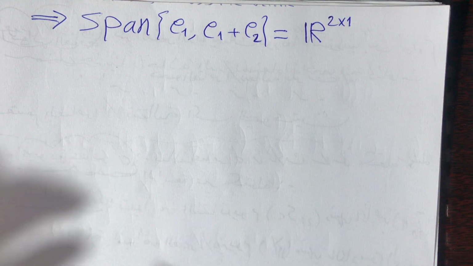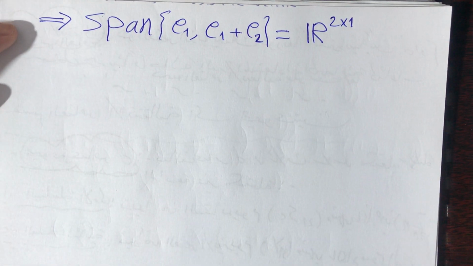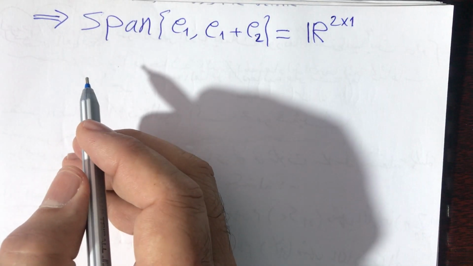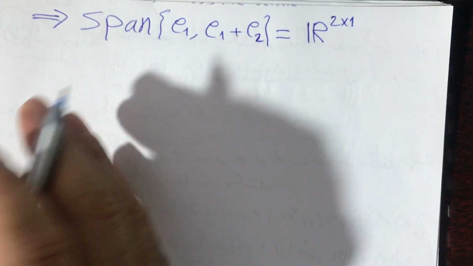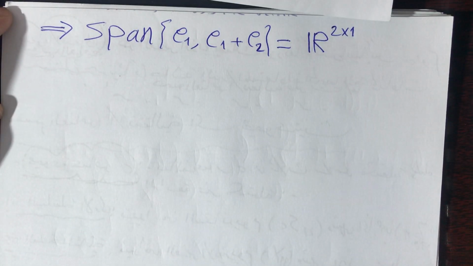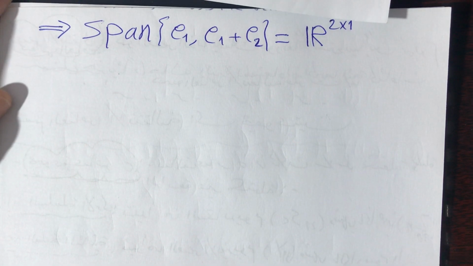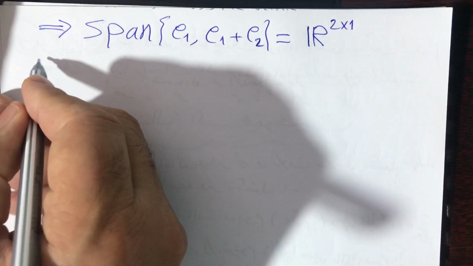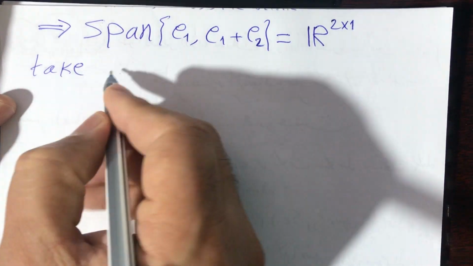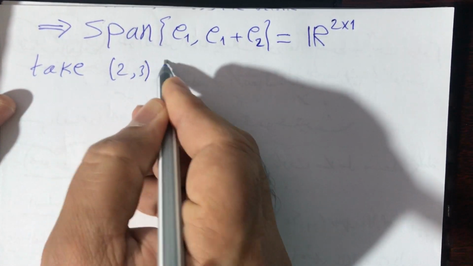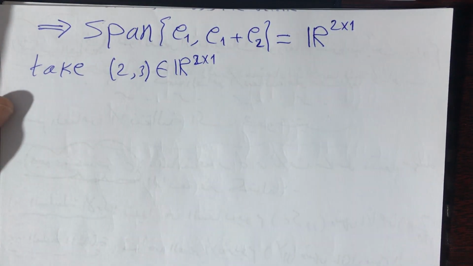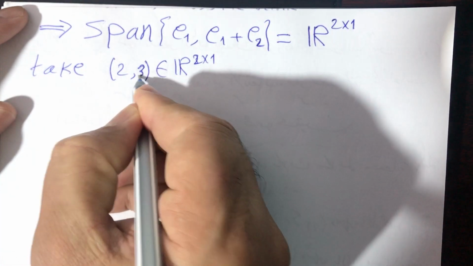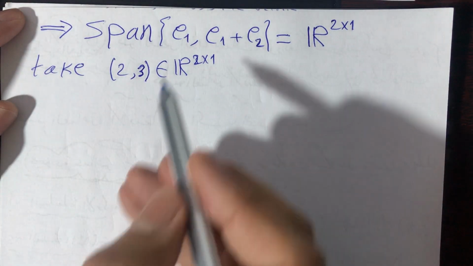I can also do it by example, which I think will be clearer. Take the point (2, 3) in R2 times 1. How can you write this point as a linear combination of these two vectors?